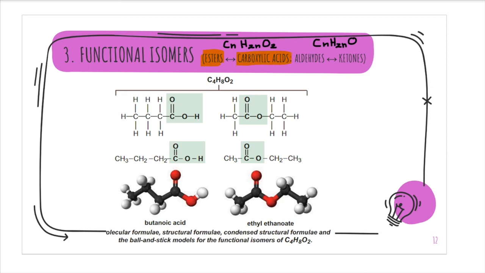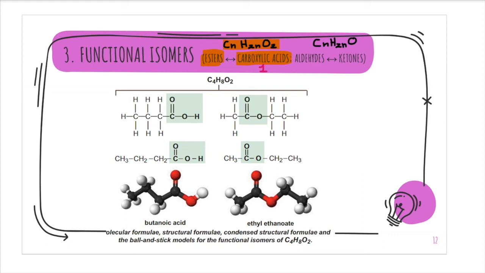And this is because both of them have the general formula CnH2nO2. We tend to easily confuse esters and carboxylic acids, but just remember that the functional group of carboxylic acids always falls on carbon number 1, which can be either on the right-hand side or left-hand side of the carbon. But in esters, the functional group is somewhere in the middle.